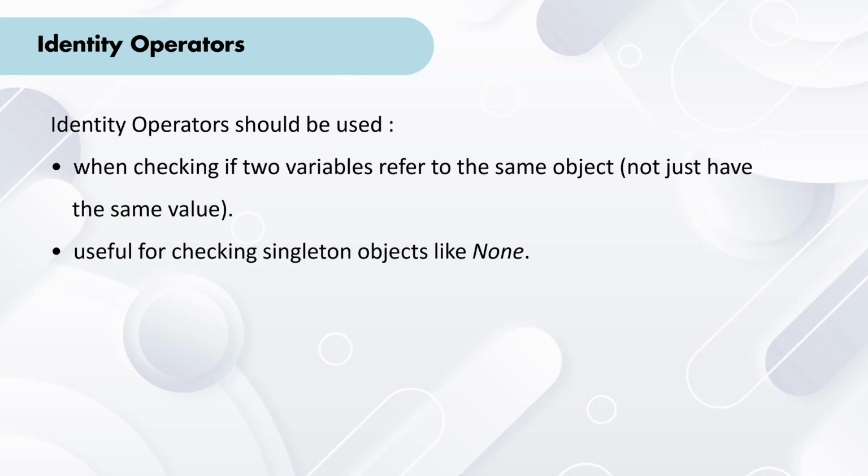Identity operators are useful when checking if two variables refer to the same object rather than just comparing their values. They are commonly used when working with None in Python, where we check if a variable is None using if x is None instead of if x double equal None.